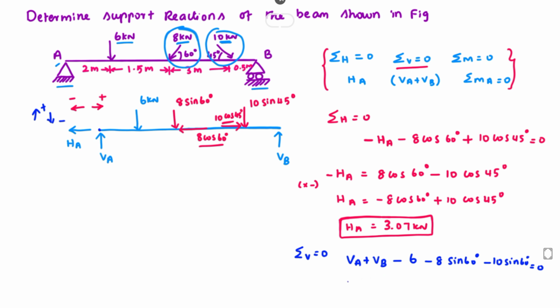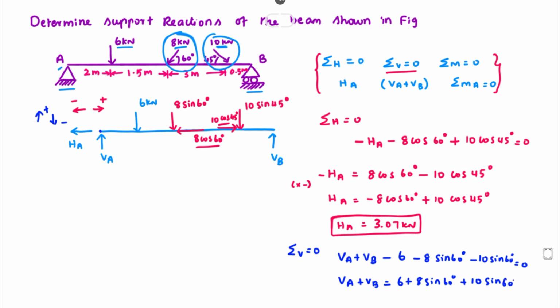Now we can solve: VA plus VB equal to 6 plus 8 sine 60 degree plus 10 sine 45 degree. So VA plus VB equal to 20 kilonewton.